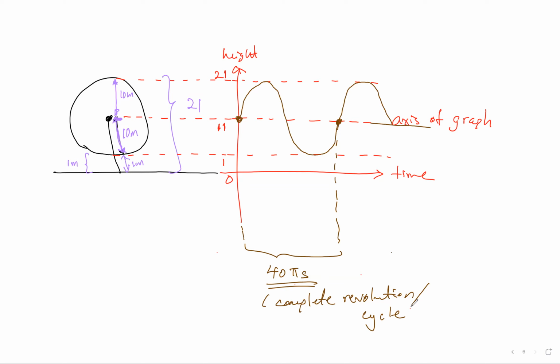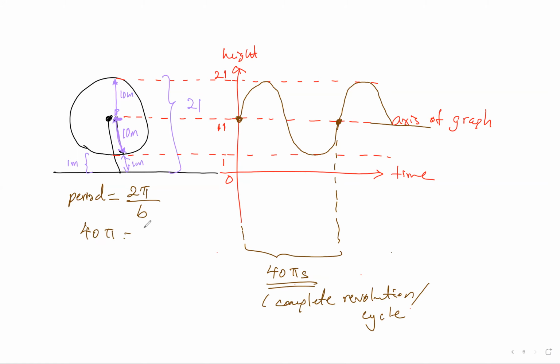Are you with me? Okay, so let's work out the period. What is period? The period for sine and cosine is always 2 pi over b. Tangent is just pi over b. So cosine and sine is 2 pi over b. But you already know this is 40 pi, right?